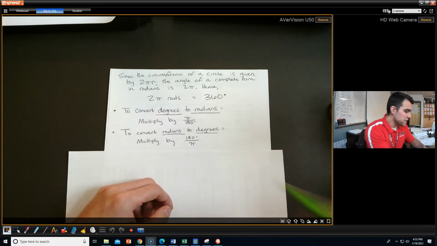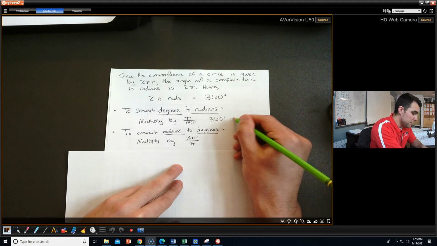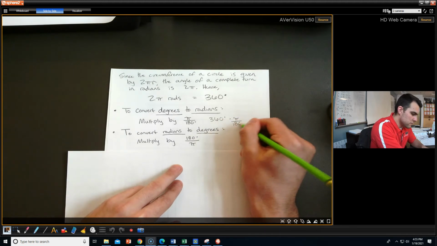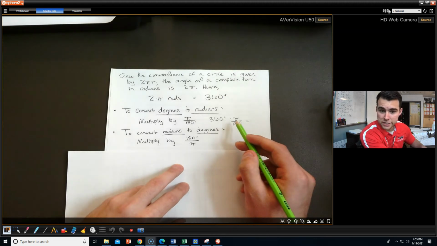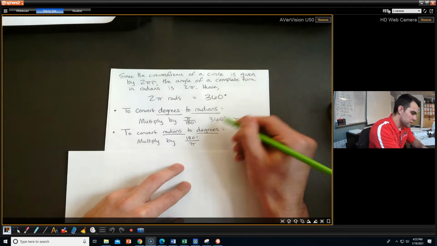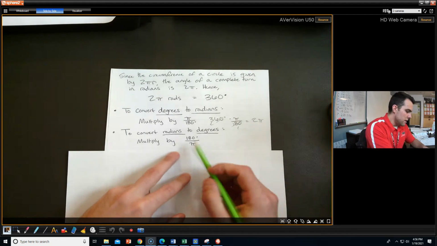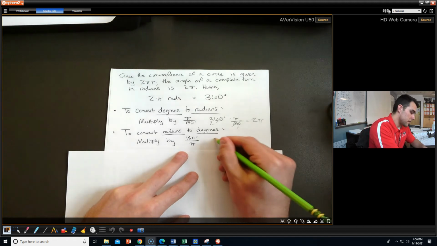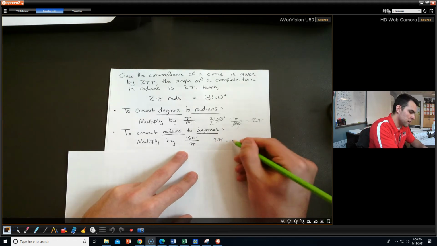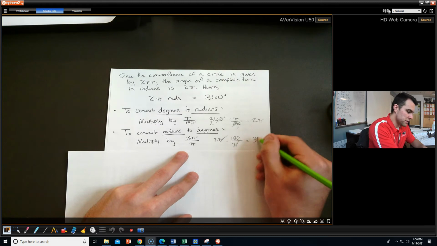That means if I have 360 degrees and I multiply that by pi over 180, well, 180 is half of 360, so this will go to 1, this will go to 2, and I'm left with 2 pi radians. If I want to go radians to degrees, I multiply by 180 over pi. I'm at 2 pi radians, I multiply this by 180 degrees over pi. The pi's cancel. 2 times 180 is 360 degrees.